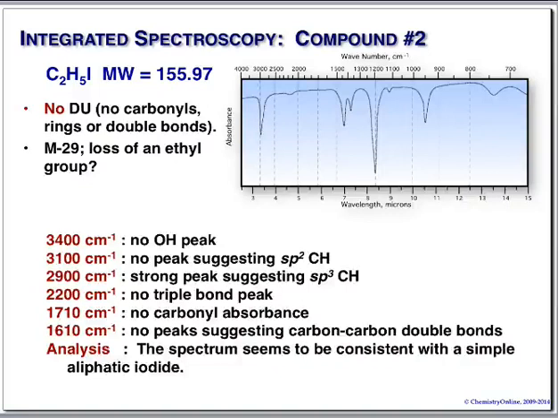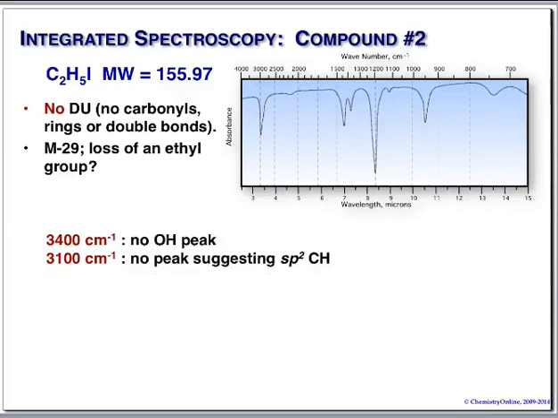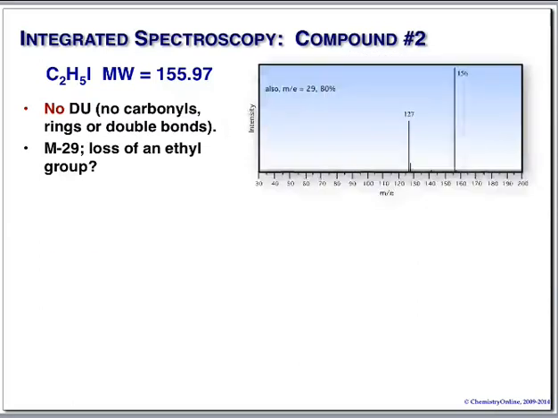I had a question about the last slide. Why did you have M over E equals 29, 80%? Did you say 80%? Oh, and see, this is another peak that's off scale here.